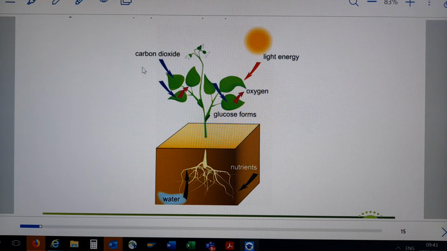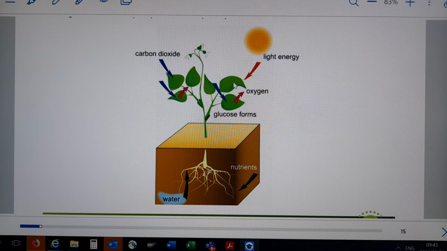So the plant gets water and nutrients. Okay, and then there is carbon dioxide in the air that comes to a leaf of the plant. The roots will absorb water to the leaf, and the leaf will also be exposed to carbon dioxide. And now this leaf contains chlorophyll. Now this chlorophyll in the leaf will absorb light energy.